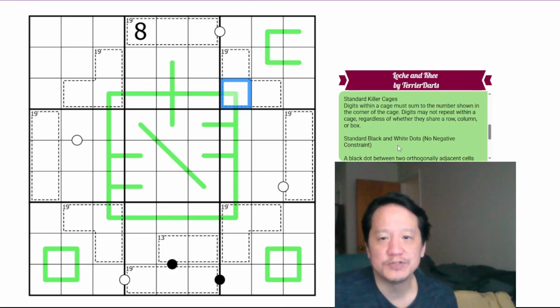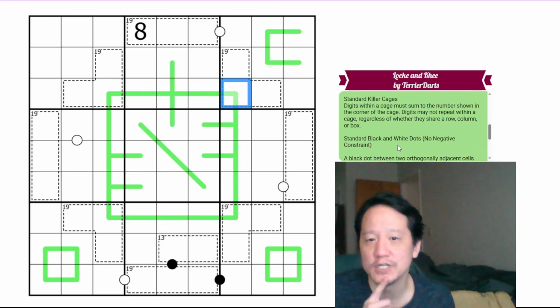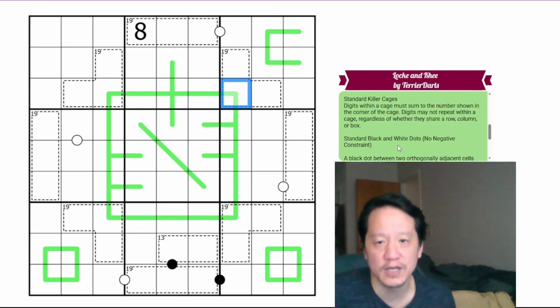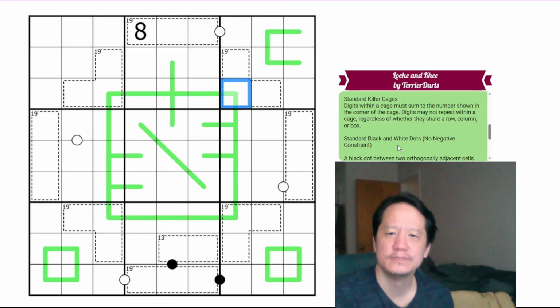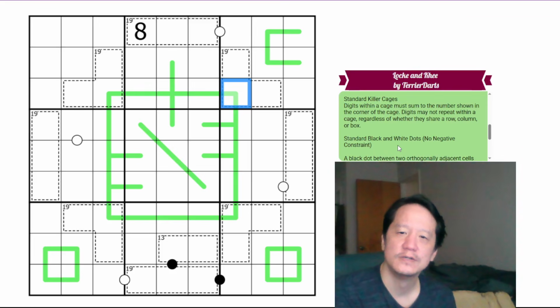We also have standard killer cages, where digits within a cage must sum to the number shown in the corner of the cage, and digits may not repeat within a cage regardless of whether they share a row, column, or box. I don't know why that second part needs to be put there, because obviously they can't repeat if they do share a row, column, or box.